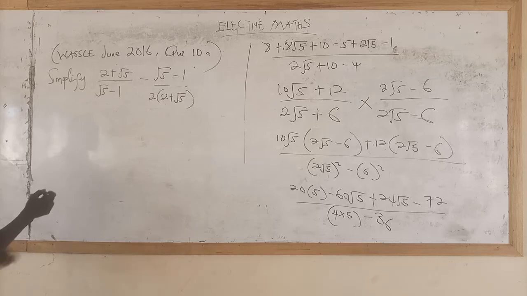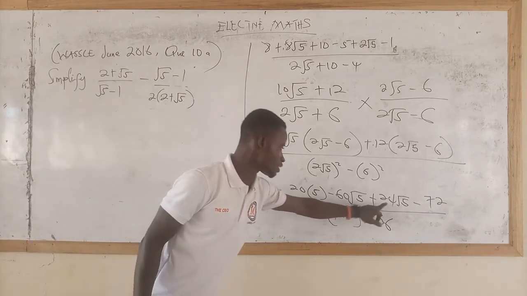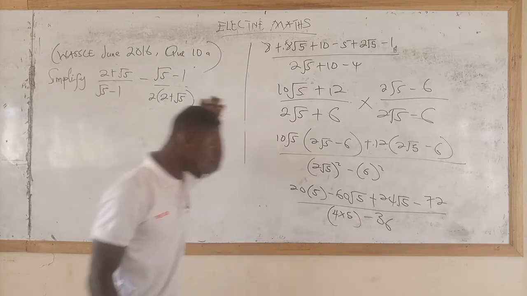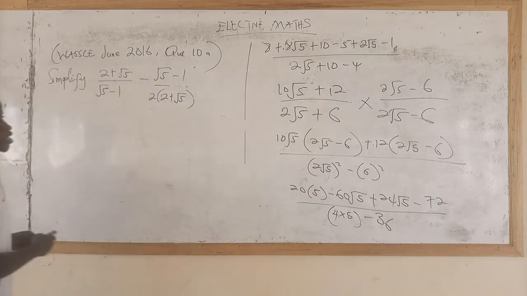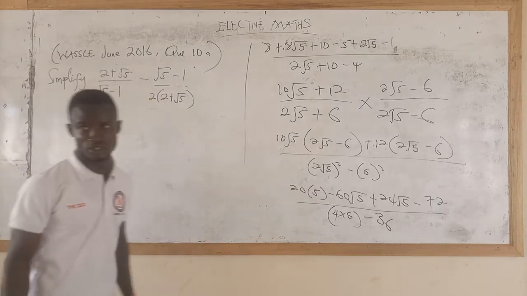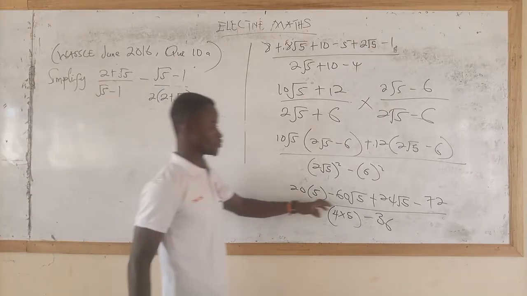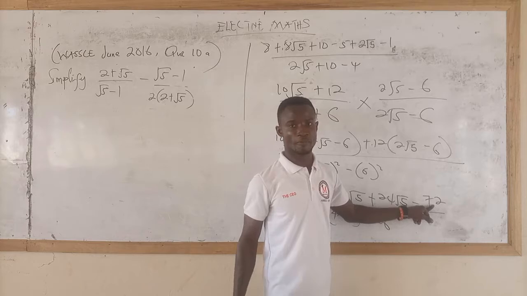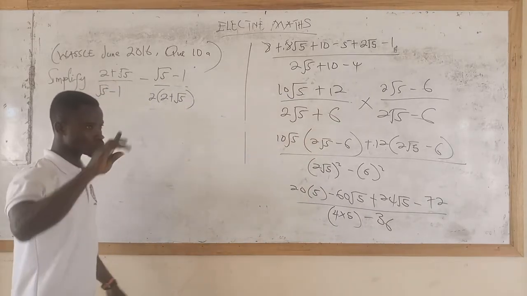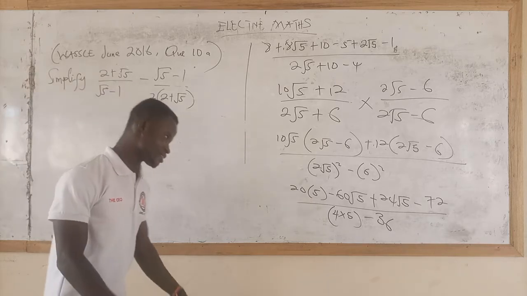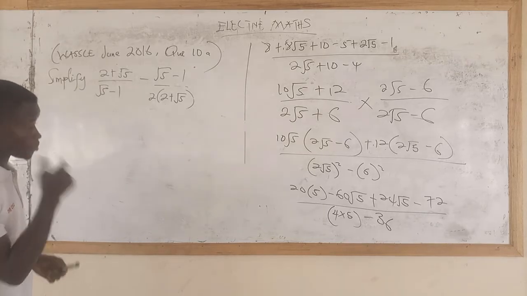So now, this part and this part is going to give you, but it will still be the same thing. 20 times 5 is going to give you 100, right? So 100 minus 72 is going to give you 28.